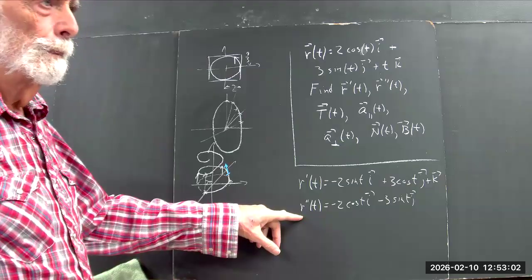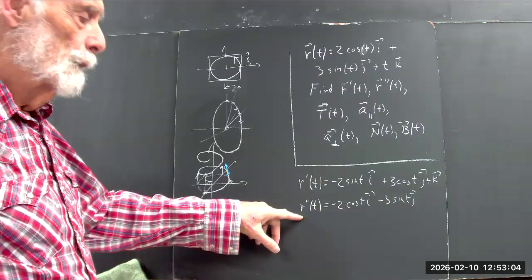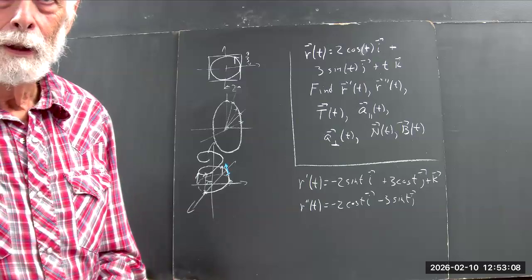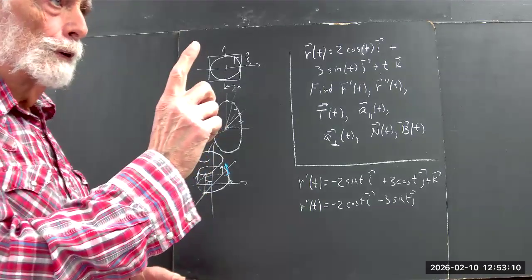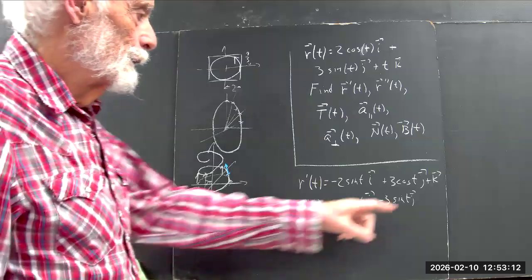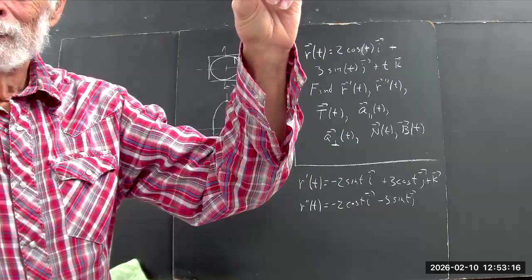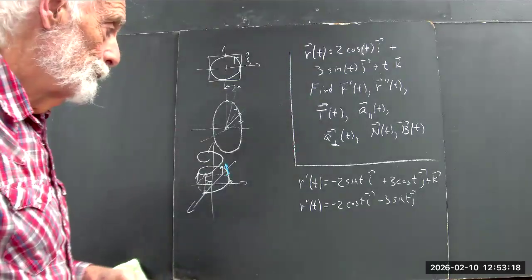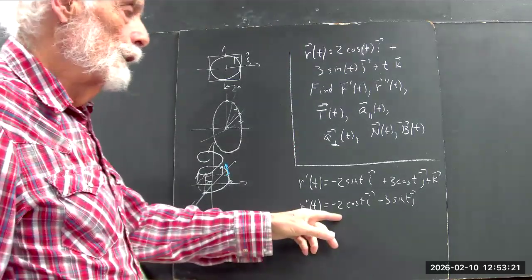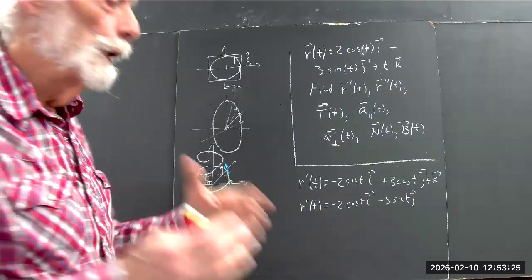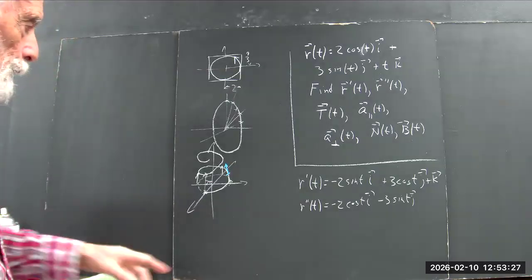This r double prime is your acceleration. You have 0 upward acceleration because you're moving upward at constant speed. So your acceleration is purely in a plane parallel to the xy plane.